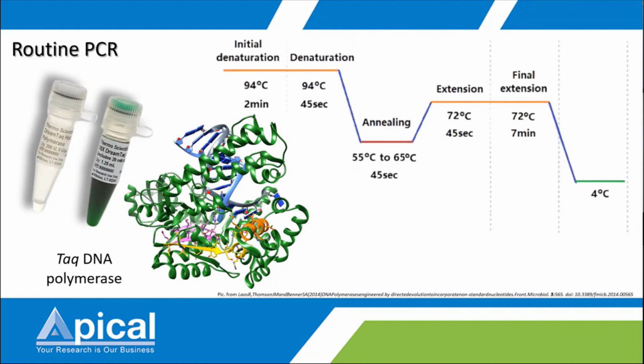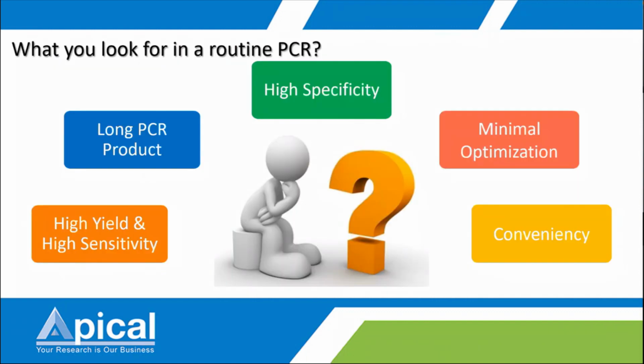So routine PCR is performed in nearly all molecular studies to verify or detect the presence of a gene, and also to fish out or get multiple copies of the target DNA region. It is also used in various applications like gene expression analysis, genotyping, or molecular diagnostics. For routine work, I believe all of us want a PCR with minimum optimization needed, right?